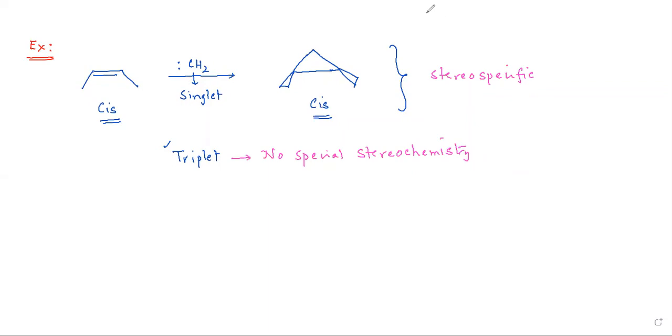Now let us consider one more interesting example. Now suppose dichlorocarbene is added. Dichlorocarbene is in fact produced from chloroform.